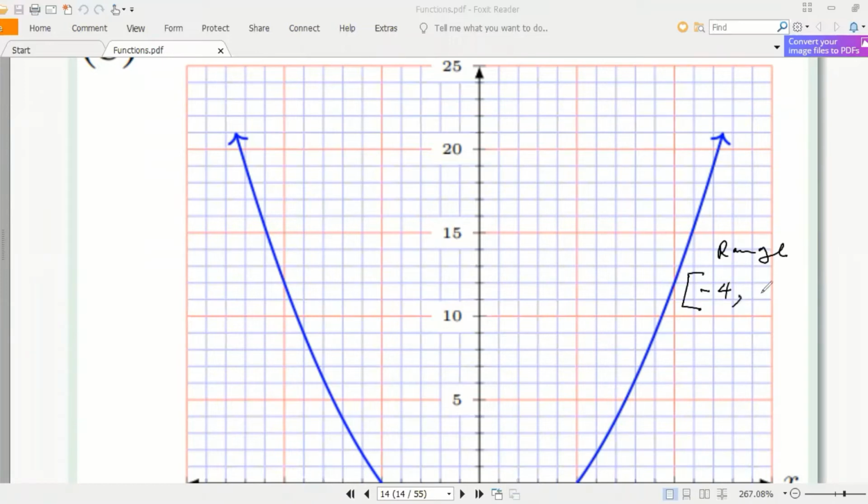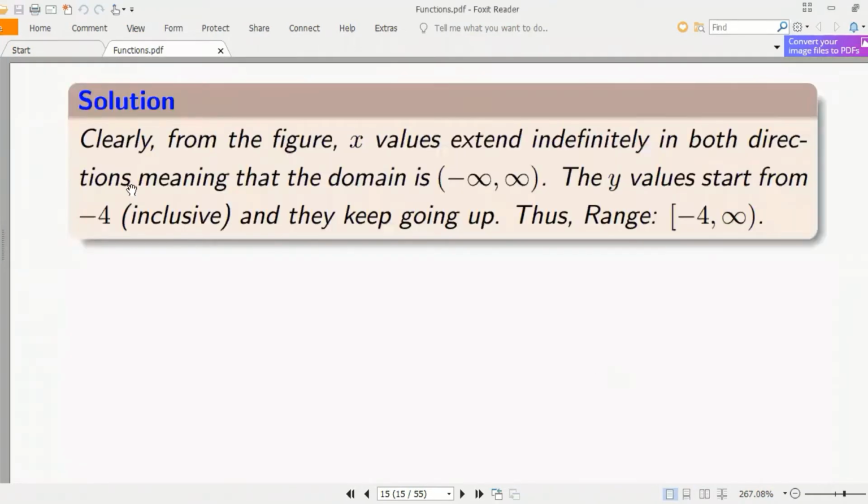And the largest value, the highest value of y, is positive infinity, which is not included. And so that is the range. I'm just teaching you how to identify the range and the domain if a graph is given to you. And this is the explanation here. For the sake of your notes, because you are writing notes, you can have this.